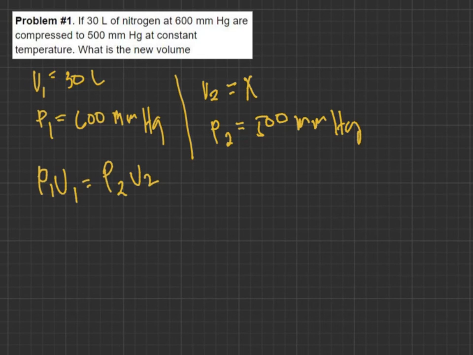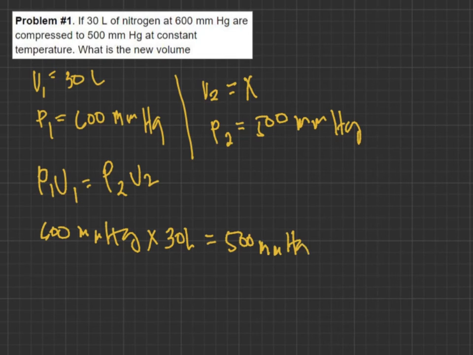So for our P1, we have 600 millimeters of mercury multiplied by V1, which is 30 liters, is equal to our P2, which is 500, multiplied by our V sub 2. Right?